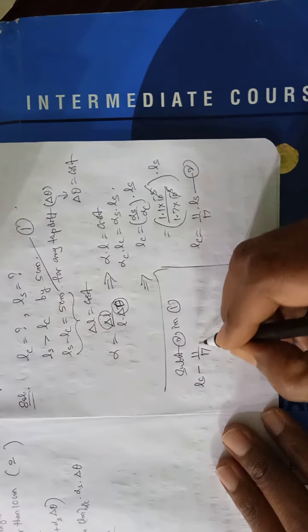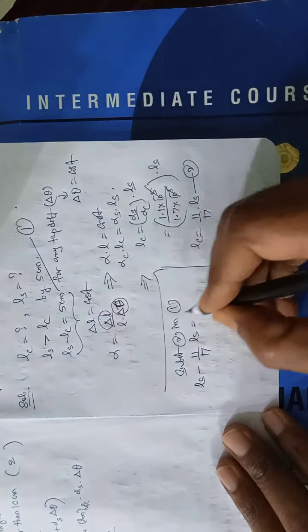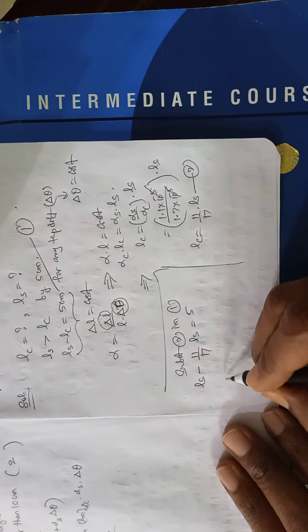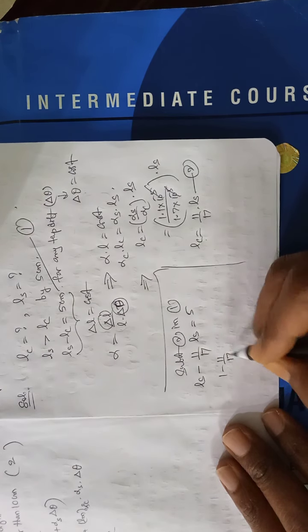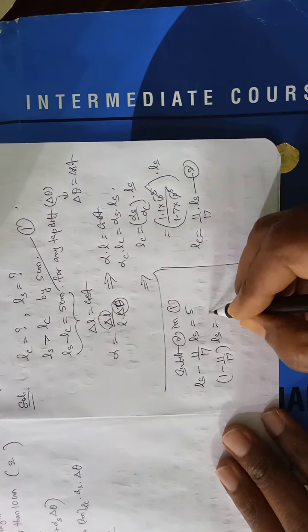LS minus 11 by 17 LS is equal to 5. 1 minus 11 by 17, into LS, is 5.